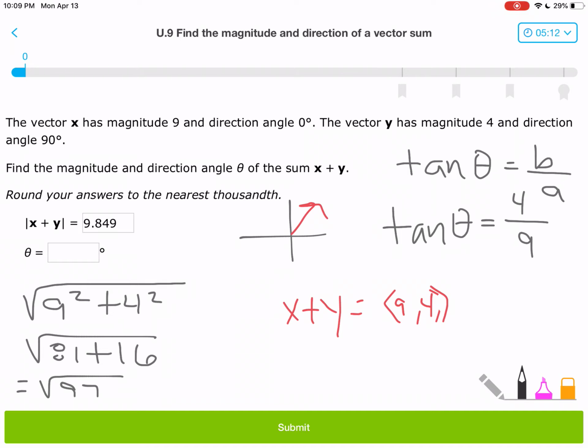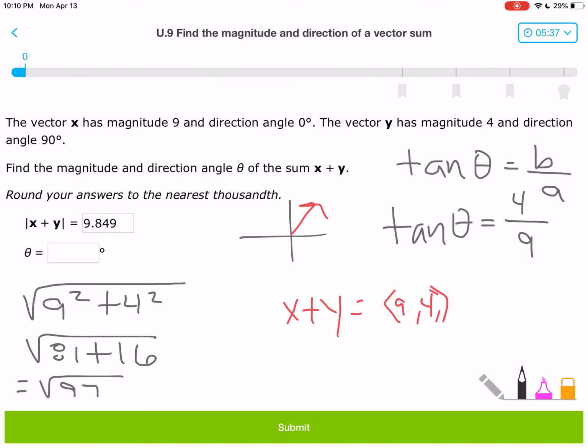I got a small decimal answer when I initially entered it, and I thought, that doesn't seem right. It's because my calculator was in radians. So always remember to check that your calculator is set for what you're doing. Right now I'm dealing with degrees, so I want it in degrees. Now I'm going to try inputting that again. If you ever get an answer that seems not quite right, try checking that on your calculator.